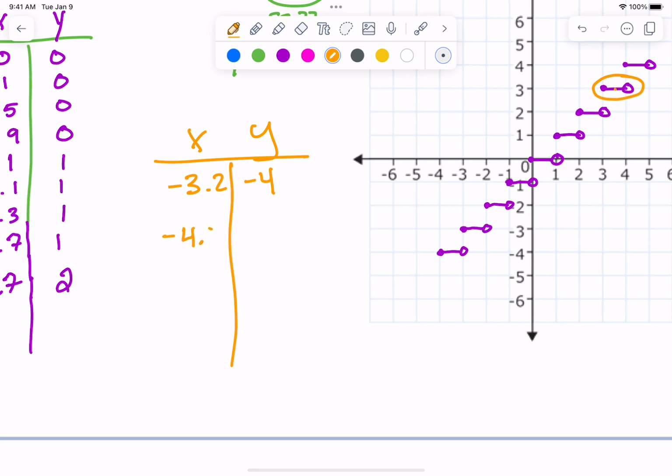Negative 4.8 rounds down to negative 5. So when you're in the negative numbers, rounding down pushes you to the one below it. That's a little confusing, and a lot of people get that wrong. Negative 3 would actually be above negative 3.2, and negative 4 would be above negative 4.8. So we want to round down. Got it? That's how that works.